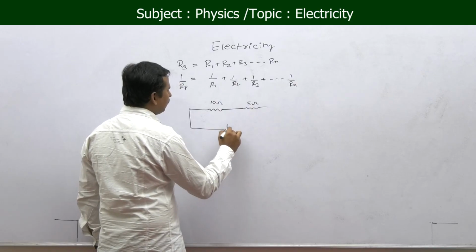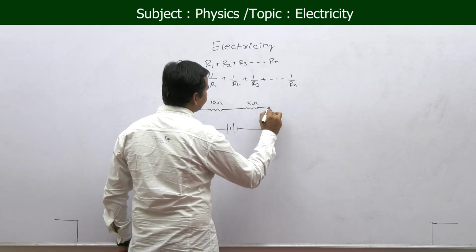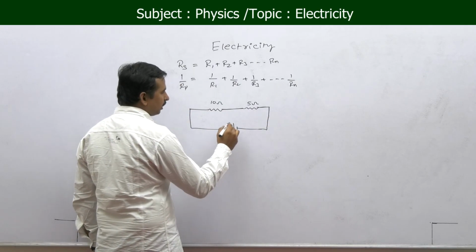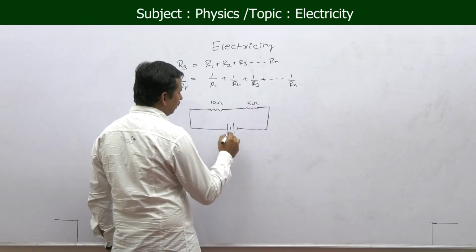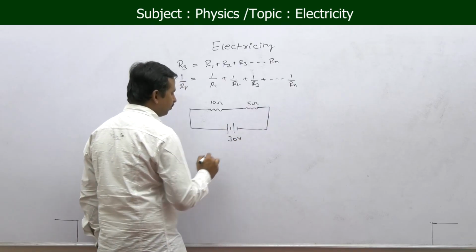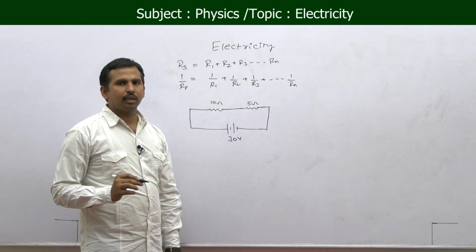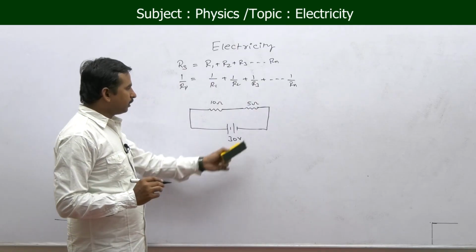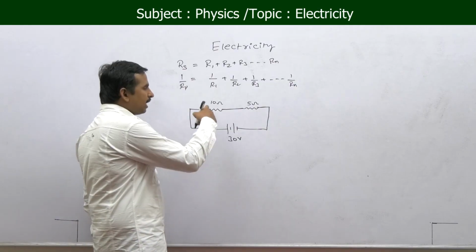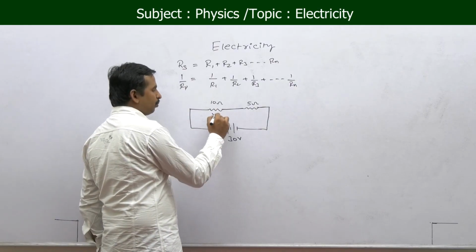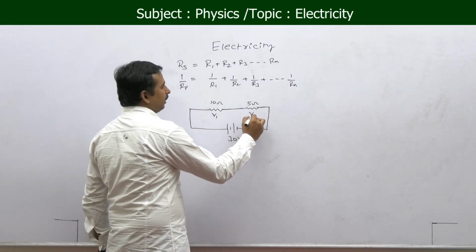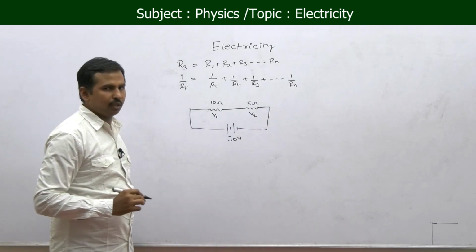Then we connect that to a battery, and let us suppose the voltage of that battery is 30 volts. Then for this circuit, as the resistance is different, the potential drop is different across each, V1 and V2.